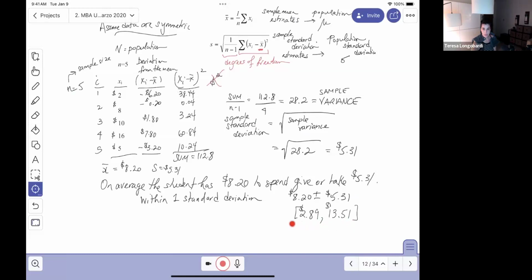How many observations are within this range? The $8 is, the $10 is, and the $5 is. So 3 out of 5 of the observations are within one standard deviation of the mean. So it's describing where the majority of the observations are, 3 out of 5. So that's 60%.